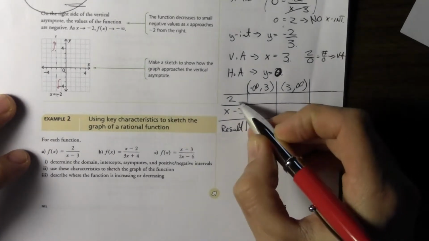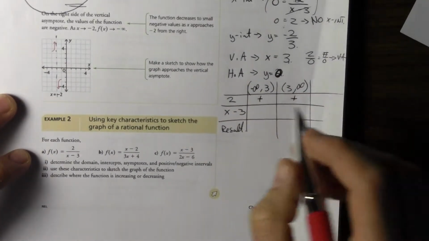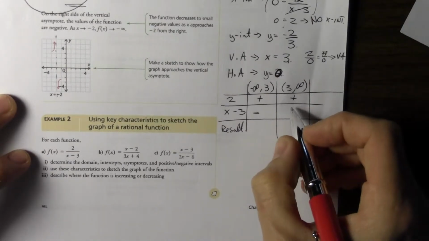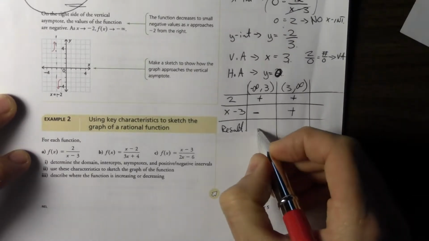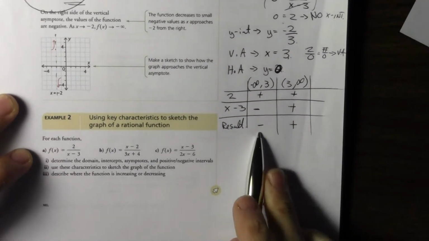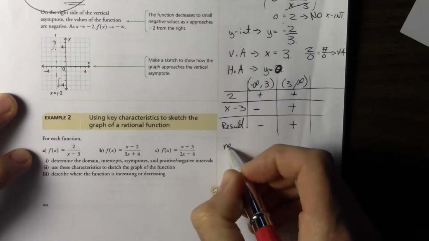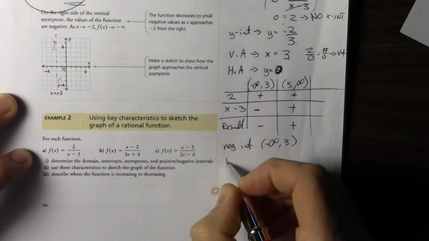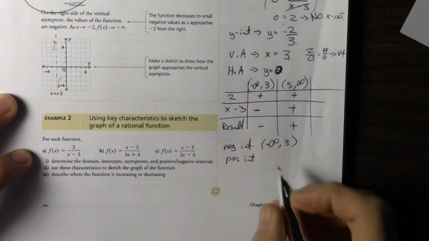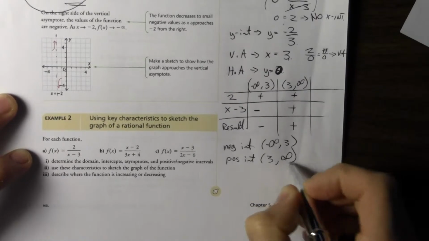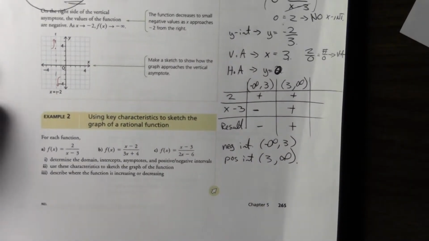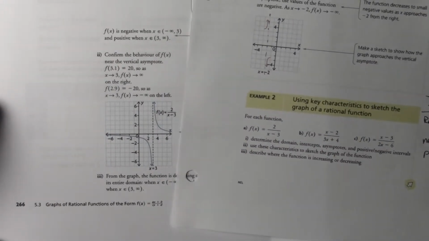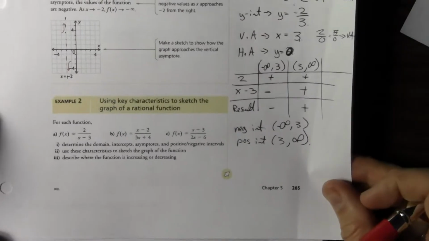Okay, so if this is the case, this is always positive, and this is going to be negative. So we have a negative interval. Any questions?